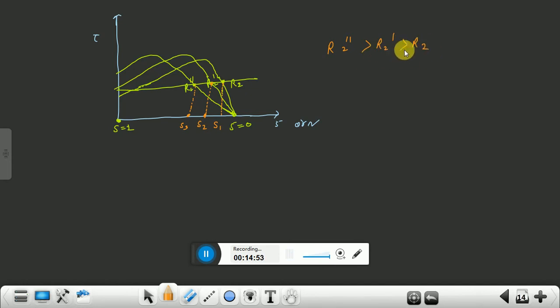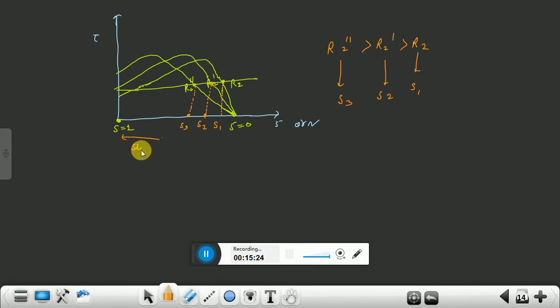Corresponding to R2 we get S1, corresponding to R2 dash we get S2, and corresponding to R2 double dash we get S3.